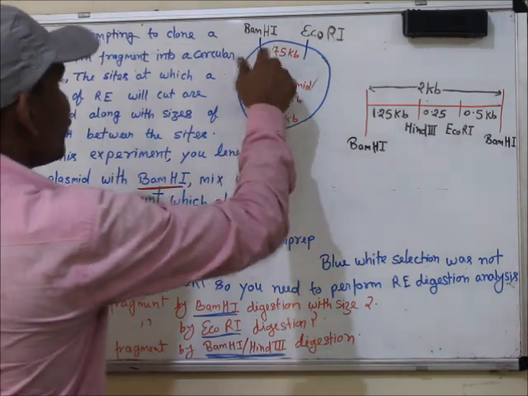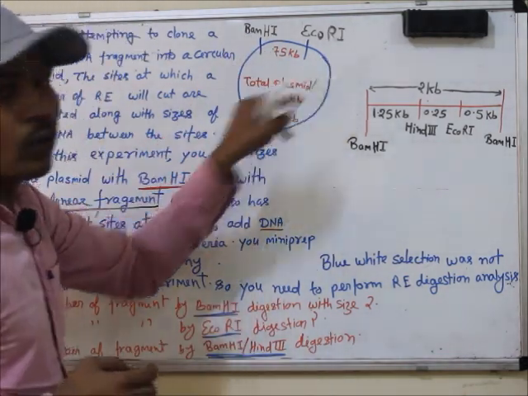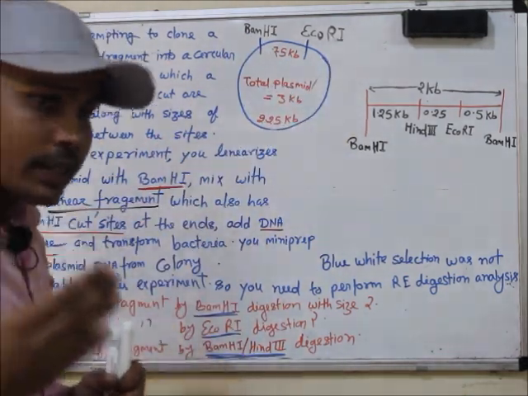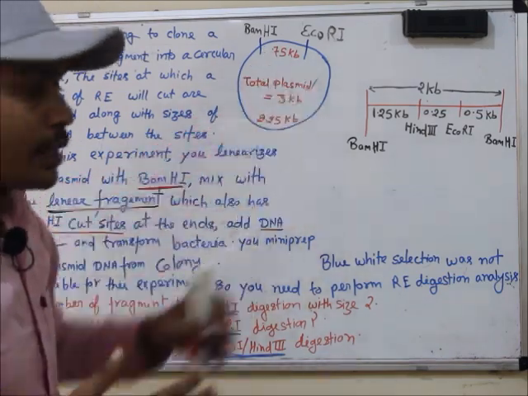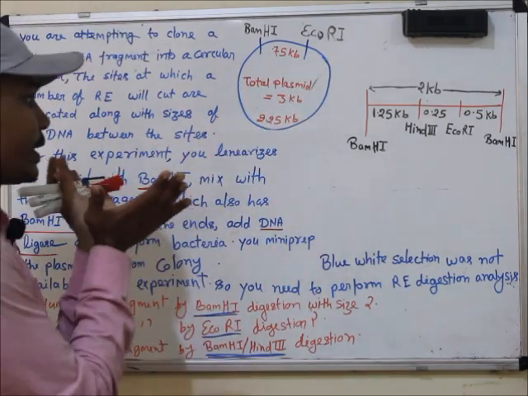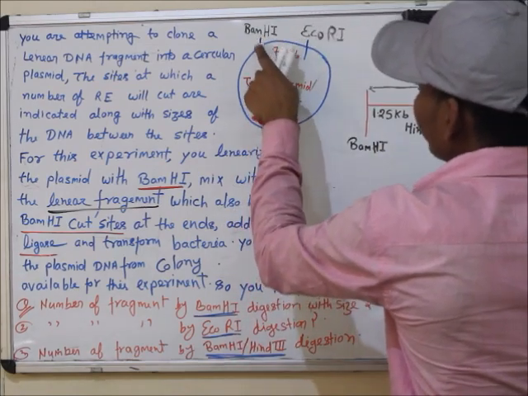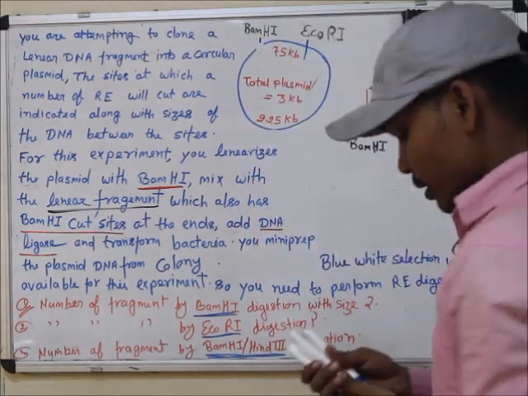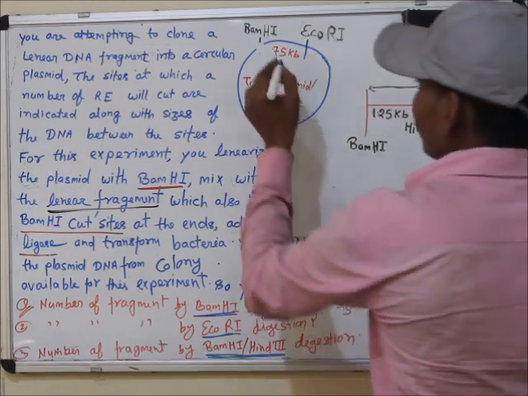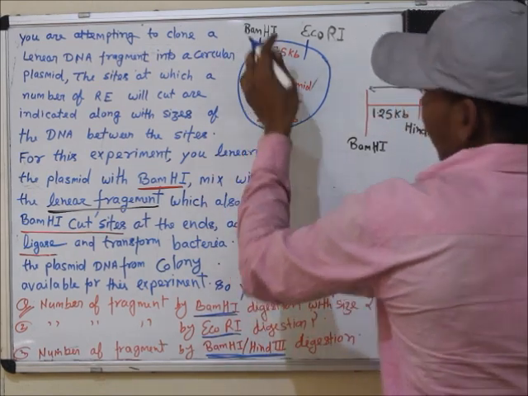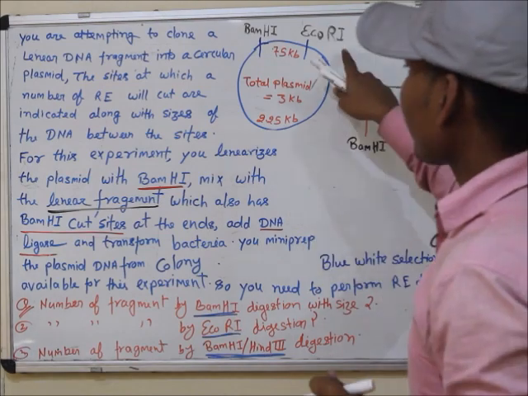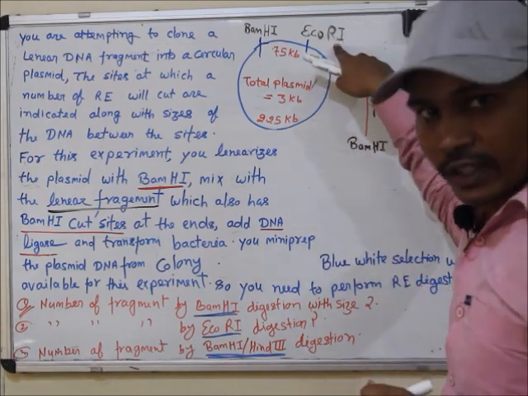What is linearize? If you add BamHI or EcoRI, it will cut the DNA and it becomes linear. After restriction digestion by BamHI, and it can also be linearized by EcoRI.